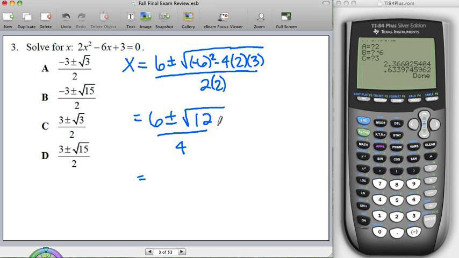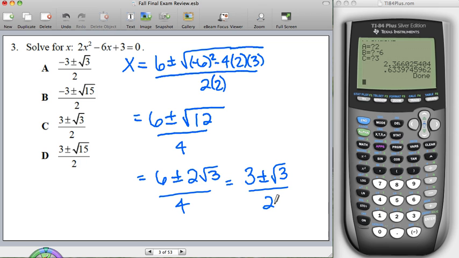Square root of 12 is the same thing as 2 root 3. And then all three of these numbers are divisible by 2, so I'm going to go ahead and divide all of those by 2. And that gives me 3 plus or minus root 3 over 2. So my solution for that is going to be C.